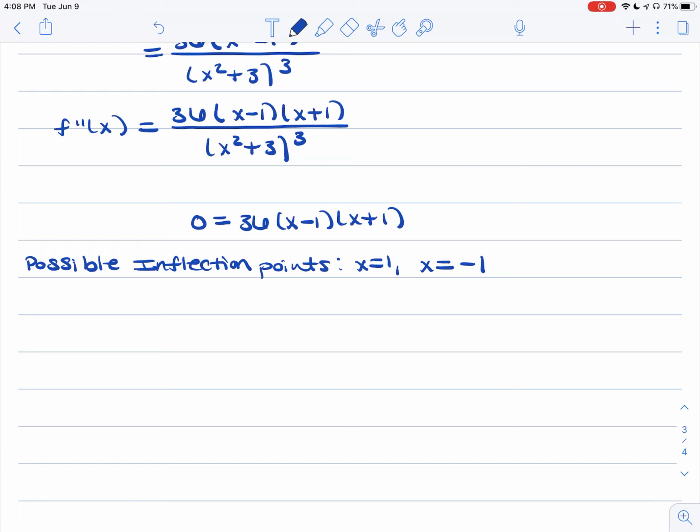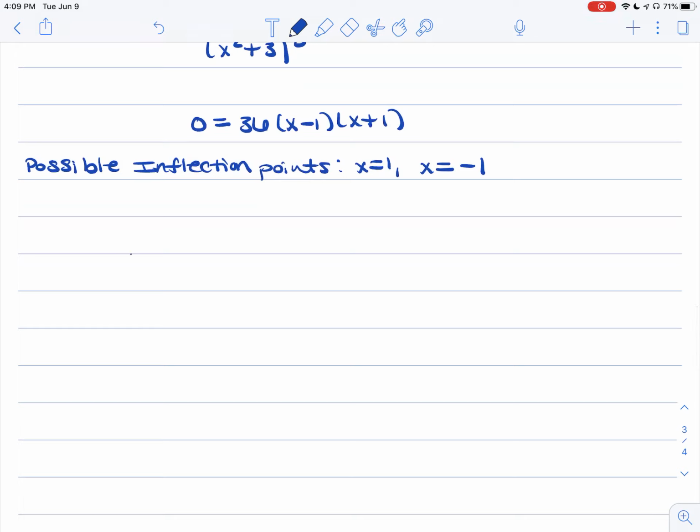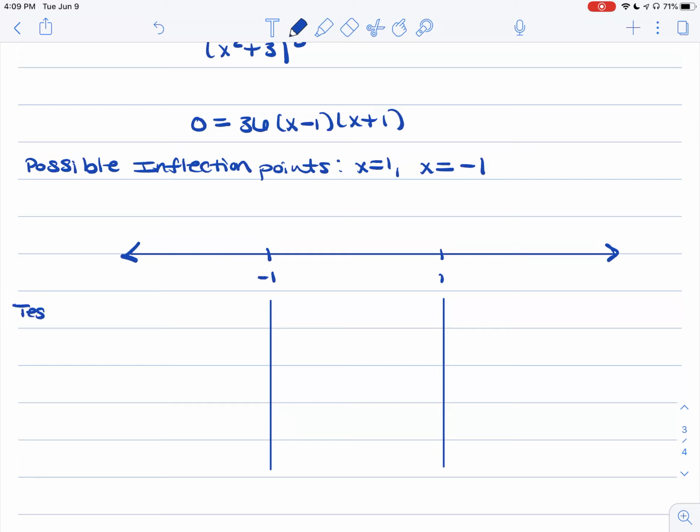Okay, so now to figure out where we have our function concave up and where it's concave down, we need to make our number line. All right, so I'll put the -1 and the +1 on the number line here. All right, and we need to pick some test values.